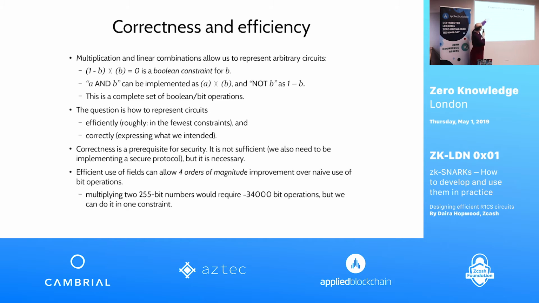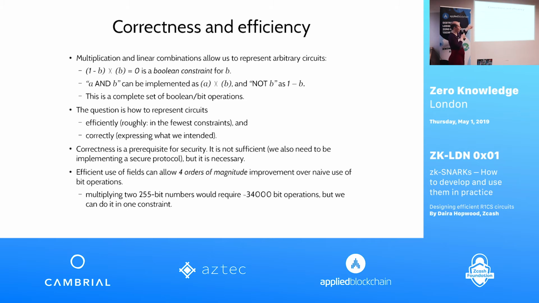If x times y equals 0 means that either x or y is 0. So here we have b times (1 minus b) equals 0, so b must be 1, or b must be 0. So we can see intuitively that this is implementing a Boolean constraint. And similarly, we can express AND, that's just a multiplication, and NOT is 1 minus b.